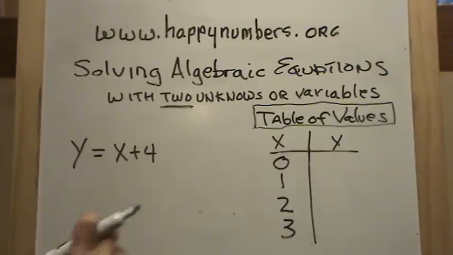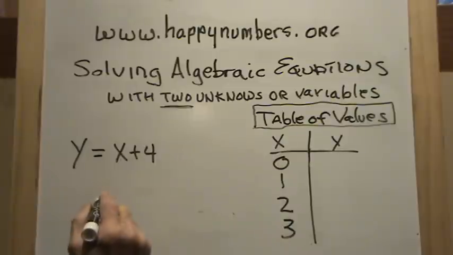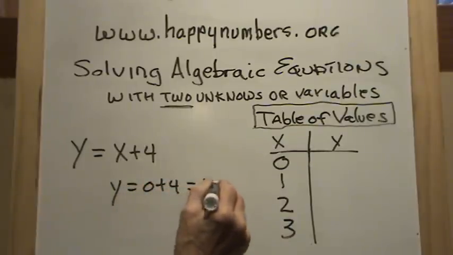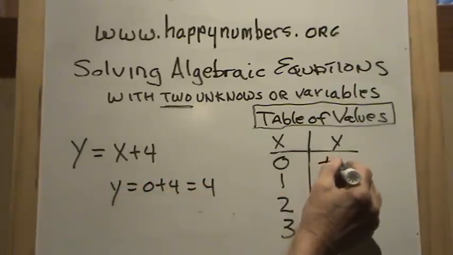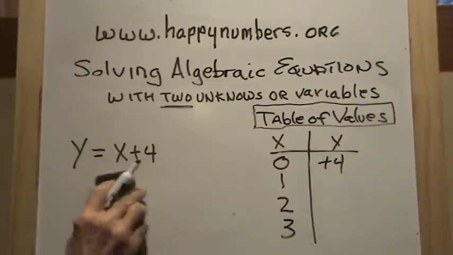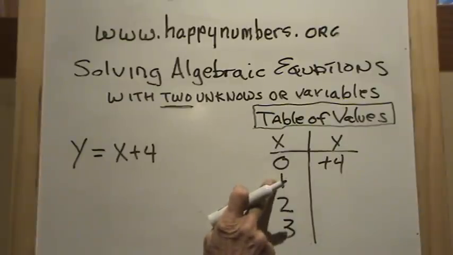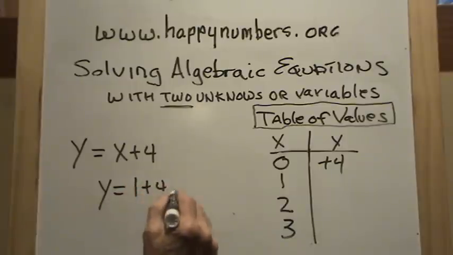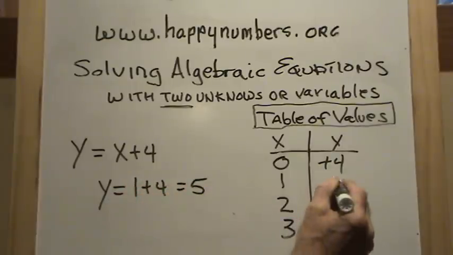Okay, let's see. If x is 0, well then y is equal to 0 plus 4, which is 4. Now, what happens if x is 1? Well, y is equal to 1 plus 4, which is 5.